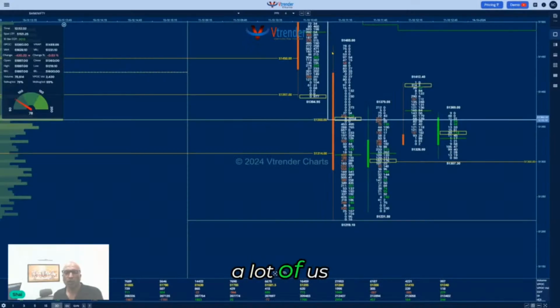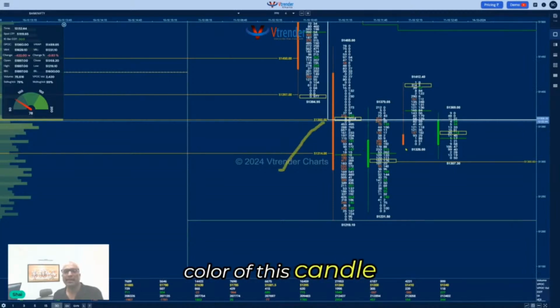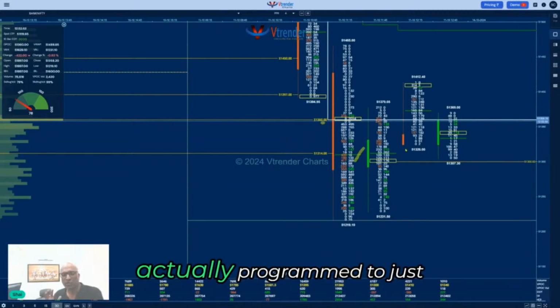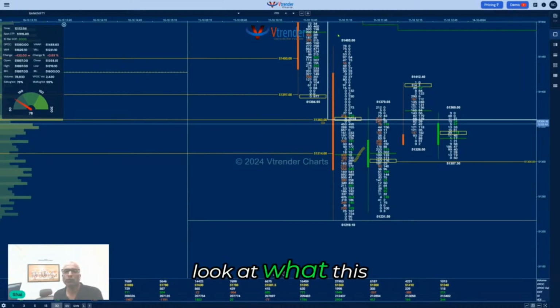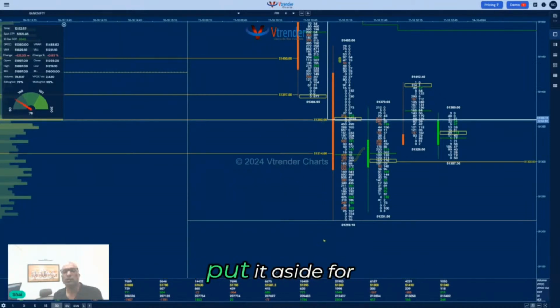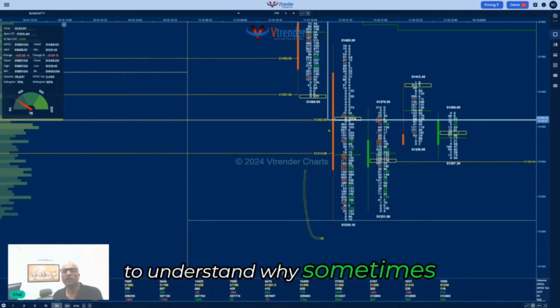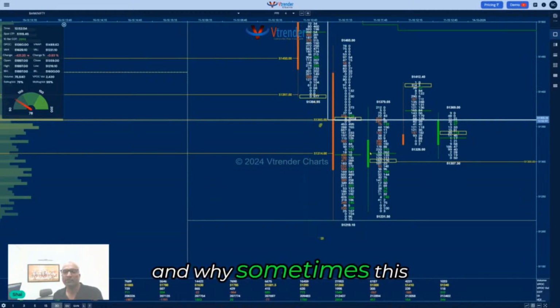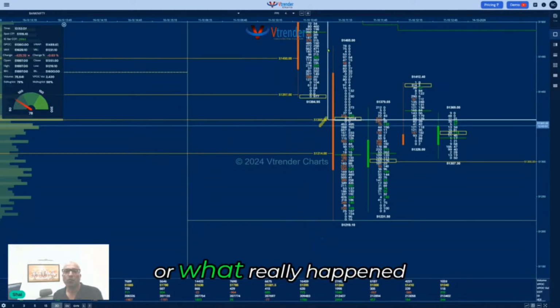Now, a lot of us, when we first see an order flow chart, we focus on the color of this candle, and our minds are actually programmed to just look at what this color is. But we have to put this color aside for some time and try to understand why sometimes it is red and why sometimes it is green, or what really happened between the high and the low.